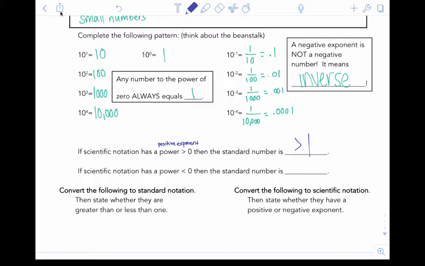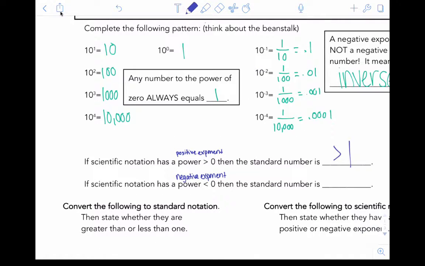If scientific notation has a power less than 0, so if it has a negative exponent, then the number is going to be less than 1. So if it has a positive exponent, it's going to be a big whole number. If it has a negative exponent, it's going to be a small decimal.